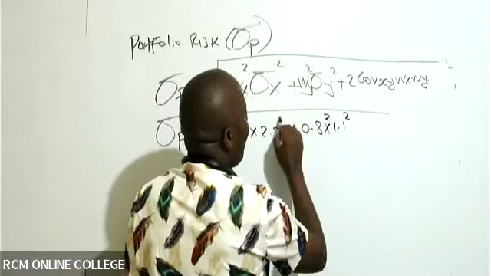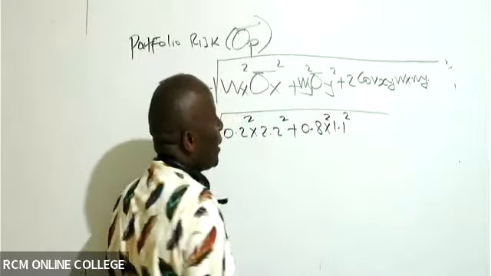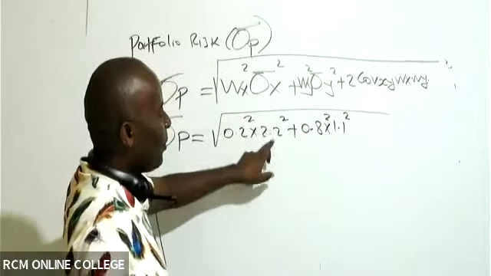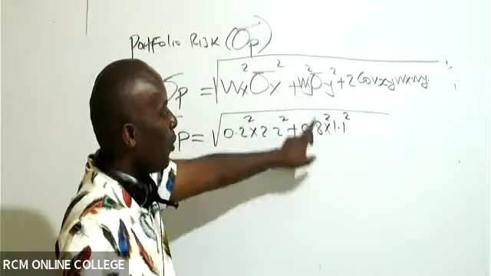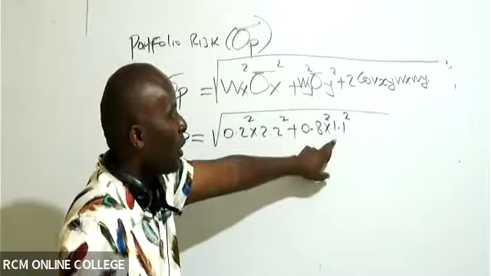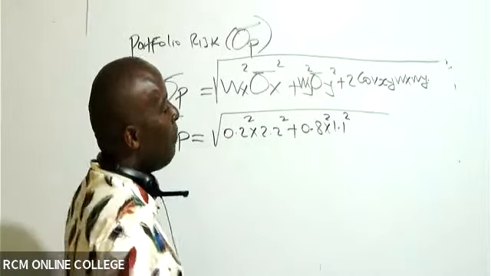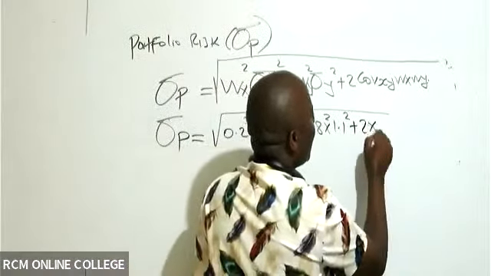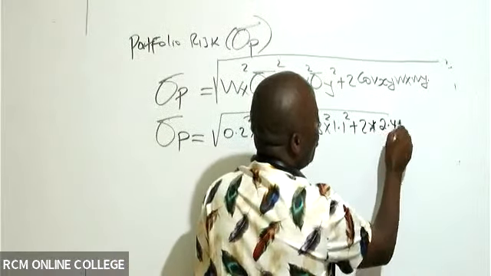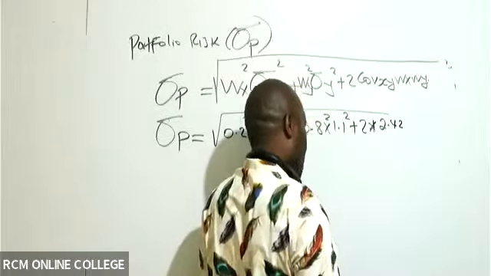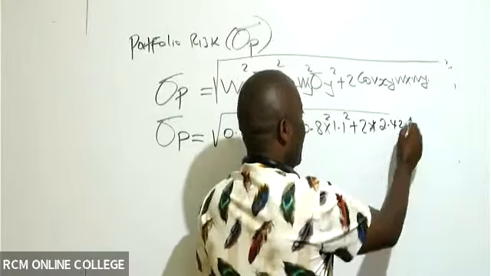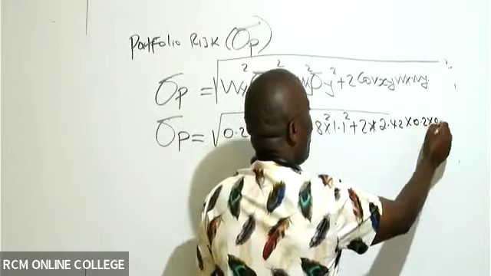Each one of them must be squared, don't forget the squares. Standard deviation of X was 2.2, weight of Y was 0.8, standard deviation of Y was 1. Plus, ladies and gentlemen, twice the covariance, which was 2.42, if I'm not wrong, times 0.2 times 0.8.